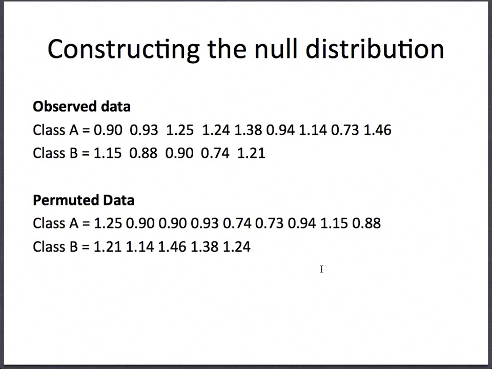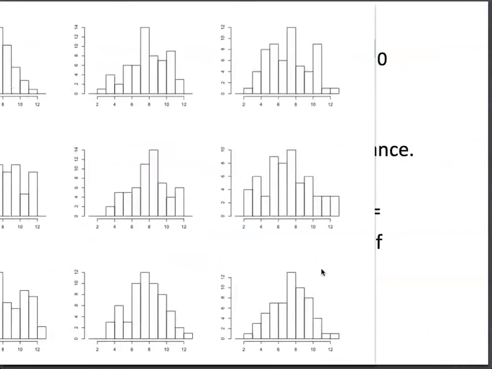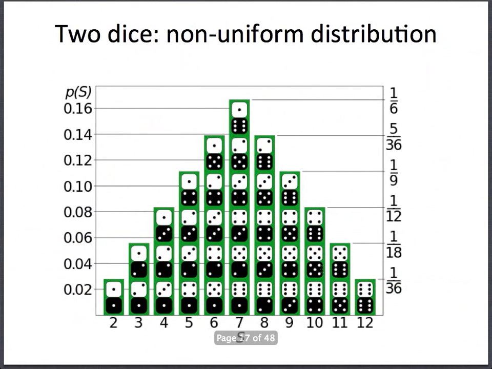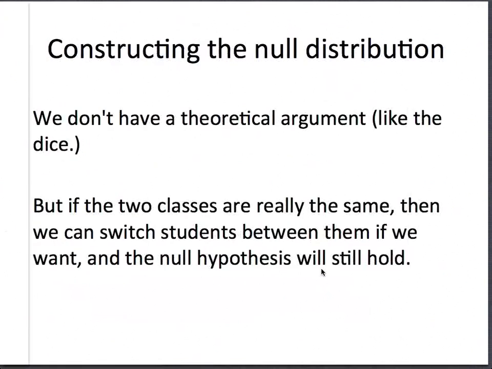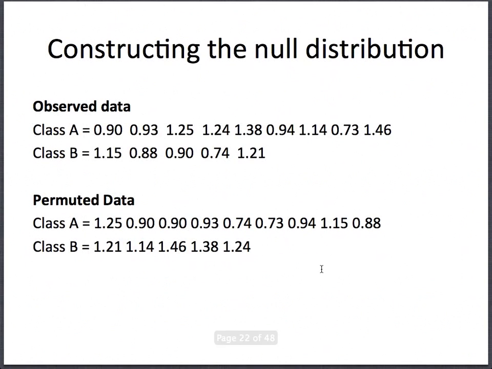There's a few thousand different ways that this might have happened, right? So what I'm doing is I'm reconstructing chance here. I'm assuming all the students are the same, and I'm asking, let's just look at all the different ways that could have happened. It's just like counting the die rolls here, right? So I asked here, what are all the different ways that I could have landed with 2 dice? Here I'm asking, what are all the different ways I could have switched the students between the classes?